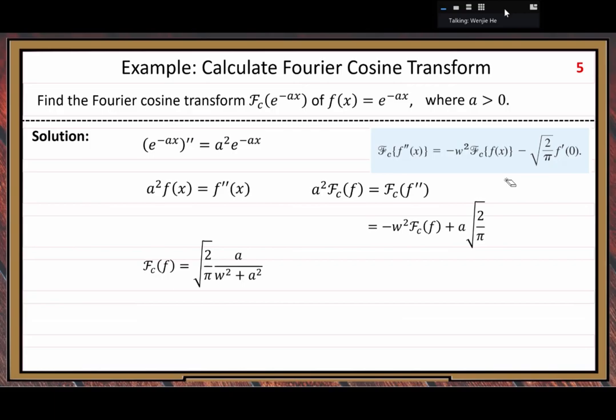So you get two equations, and you solve those two equations for the Fourier cosine transform. That will work, but you need to solve two equations. In this way, you only need to solve one algebraic equation.